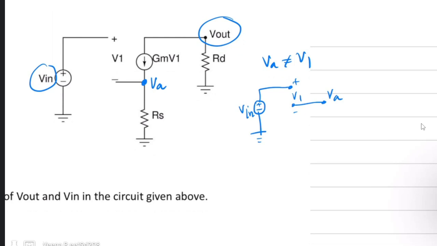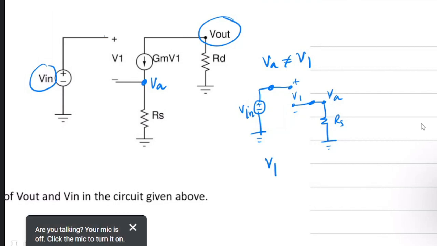Now V1 is the potential difference between this point and this point.